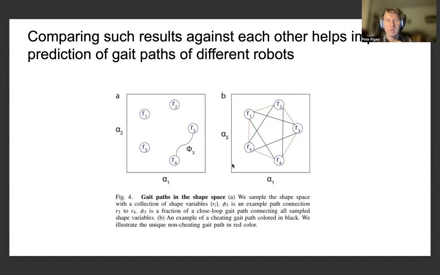Or we can construct a more complicated gait path within the shape space to connect multiple points together, which is given by these points R1, R2, R3, R4, and R5. And we can look at combinatorially many ways to connect different points together in the shape space when the sidewinding hexapod is assuming some gait path.